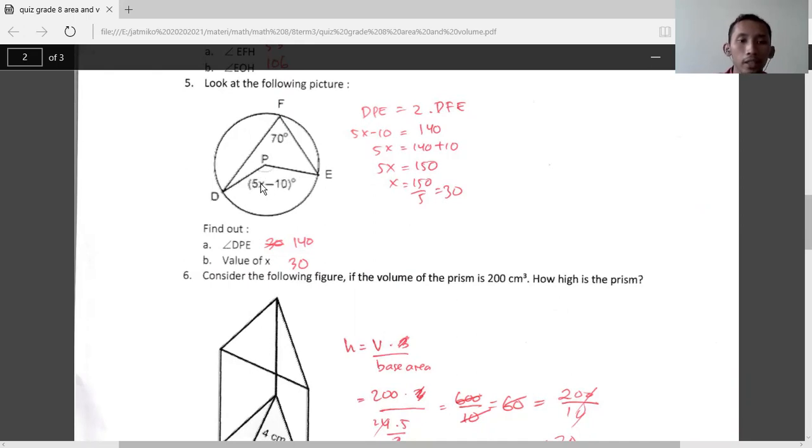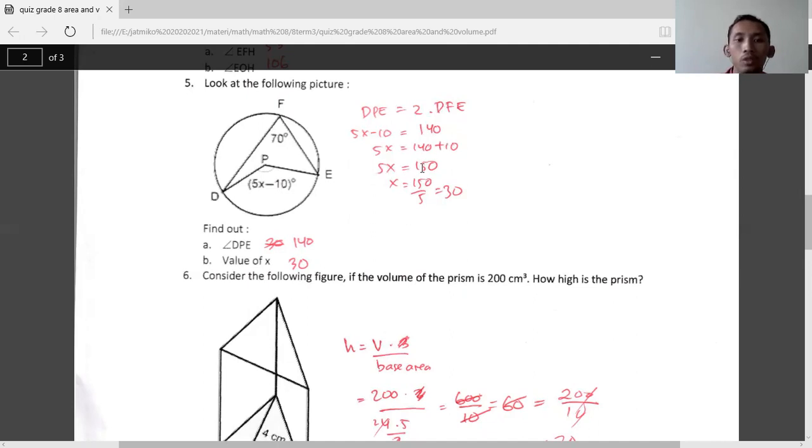How can we find x? GPE is the central angle from DFE. So GPE is twice that. I write it here. So I can substitute GPE into 5x minus 10, and the degree is 140 because it's twice 70. Then I just need to move minus 10 to plus 10 here.